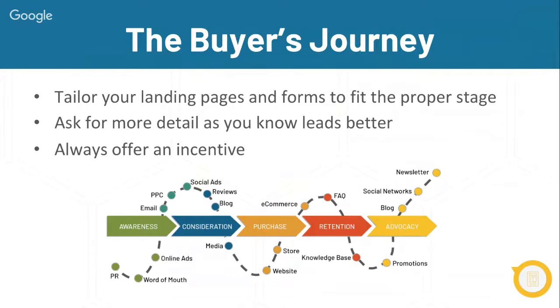Ask for more detail as you know additional things. And again, if you're using HubSpot for this, it makes it easy because all of the other stuff can pre-populate. So you already know what you know, and people shouldn't have to keep filling in the same information over and over again. The goal inside of this is to always deepen that relationship. And one of the best ways to do that is to offer an incentive.